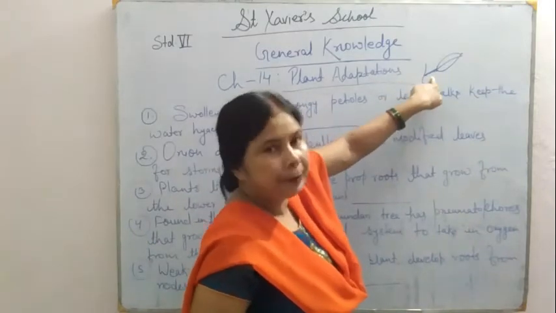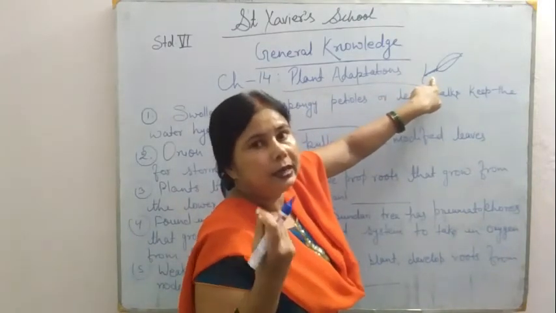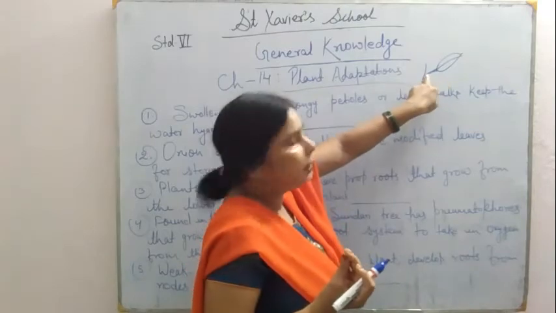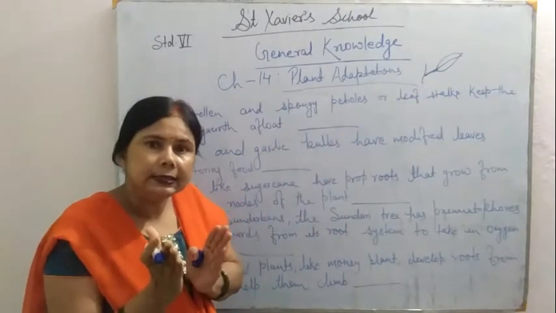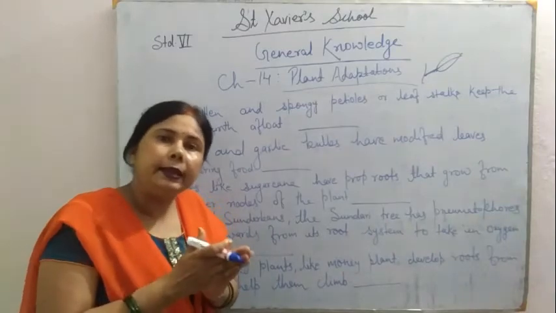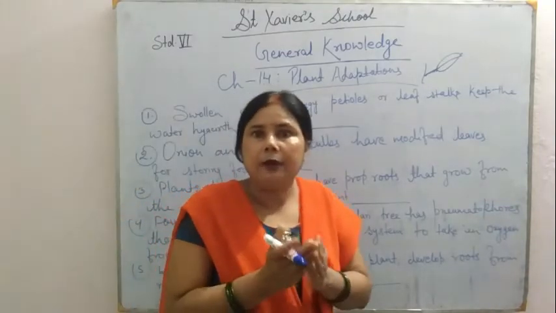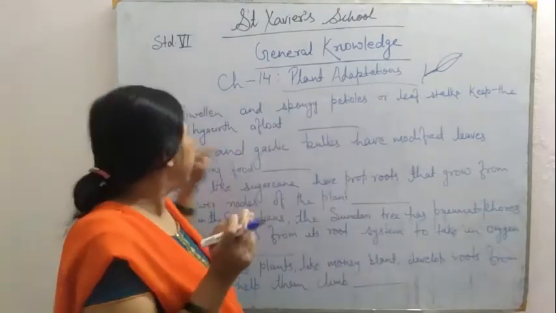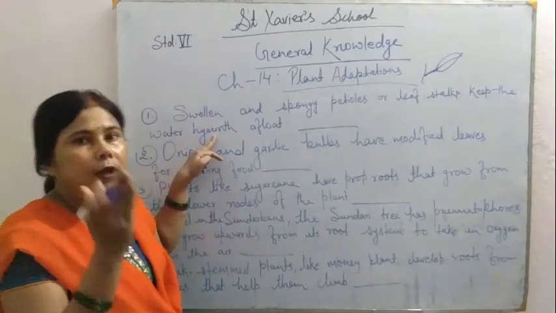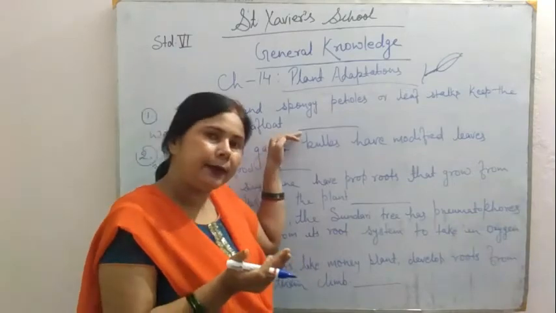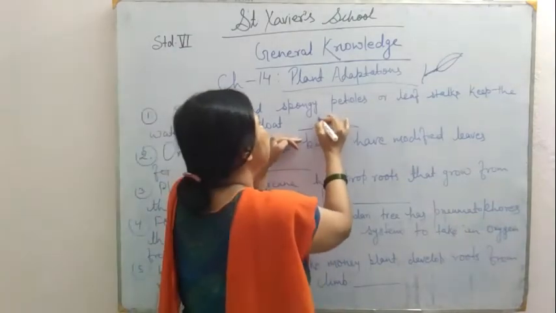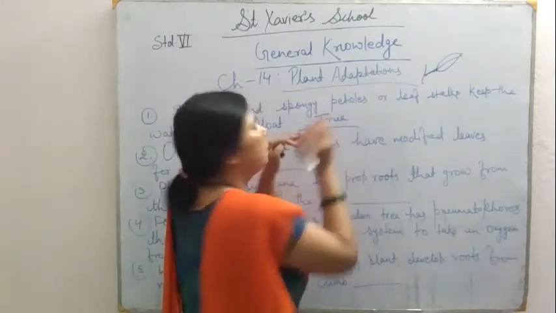So this is called petioles or leaf stalk. And leaf stalks of water hyacinth are swollen and spongy. They are bulbous, which enables this plant to afloat on the surface of water. So this statement is true.